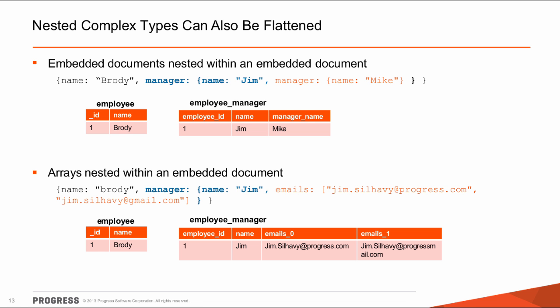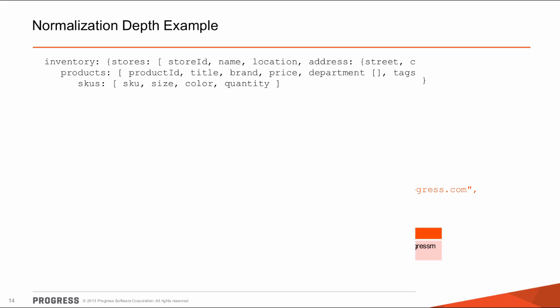So again, this is an example where employee manager represents both normalization and flattening, in that the emails have been mapped into the employee manager child table. So lots and lots of power, I think, is the real point here, and great flexibility in how you and your organizations make choices to bridge these worlds, connect these worlds of NoSQL to standards-based applications.